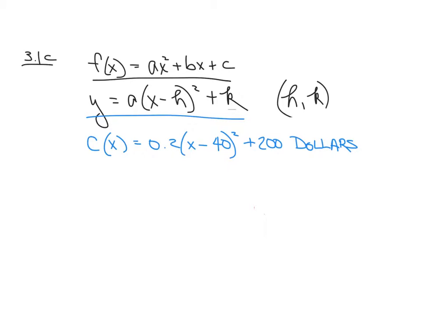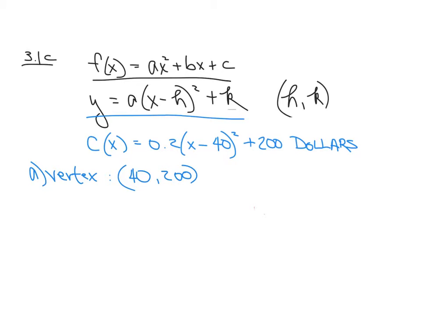All right, so what are they asking us to do? A, they're asking us to find the vertex. Again, the vertex is the h, k. So the vertex is very easily going to be 40 and 200. Not too bad there.